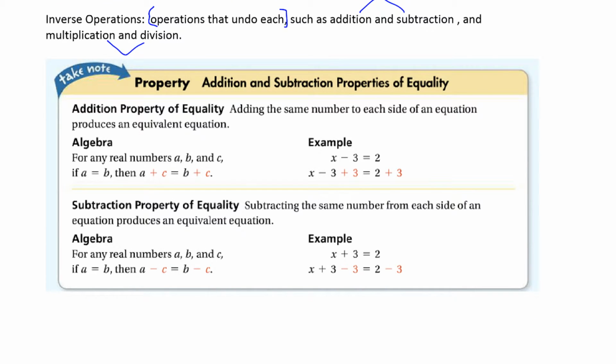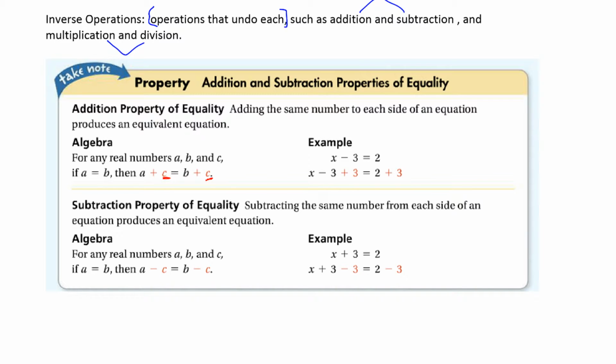If you look in our take note box here, we have the addition and subtraction properties of equality. What they say is that what you do to one side, you do to the other. The addition property of equality says that if you were to add a number, such as C, to one side of the equation, you have to make sure you add it to the other.